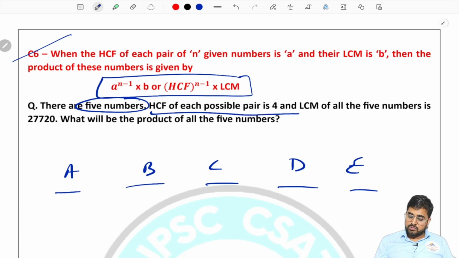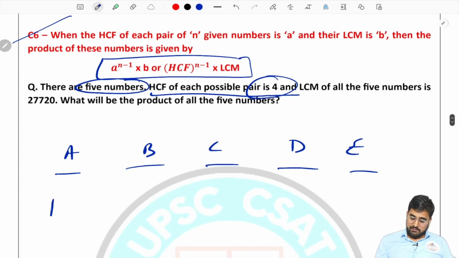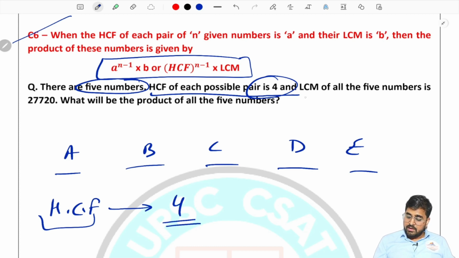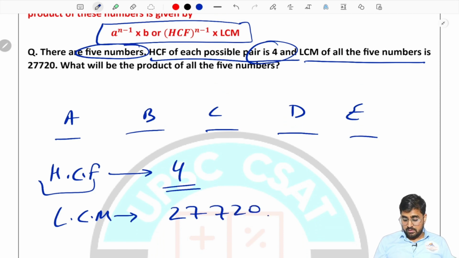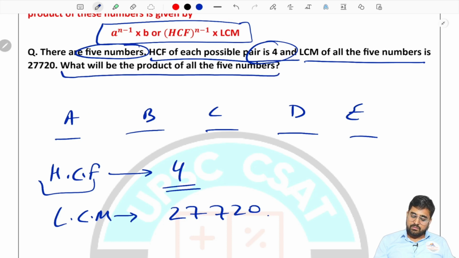The HCF of each possible pair is 4. Now HCF is given for each pair as 4. Okay, no issue, sir. The LCM of all these five numbers is 27720. Now the demand of the question is what will be the product of all five numbers.